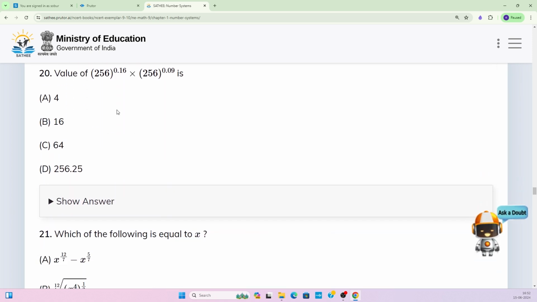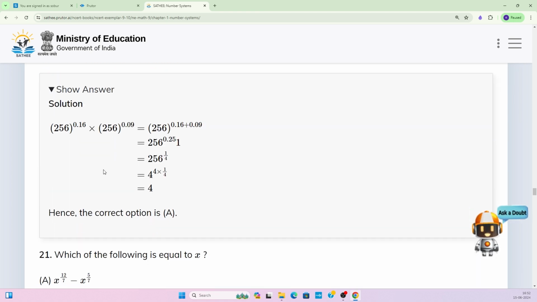In the next problem, we have to find the value of 256^0.16 × 256^0.09. Okay, so here 256^0.16 × 256^0.09 is equal to 256^(0.16 + 0.09), and this is equal to 256^0.25, and this is equal to 256^(1/4), and this is equal to 4^(4×1/4), that is equal to 4.